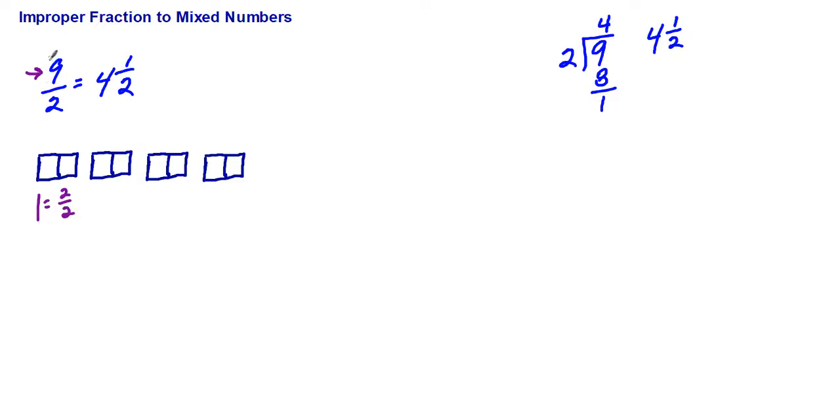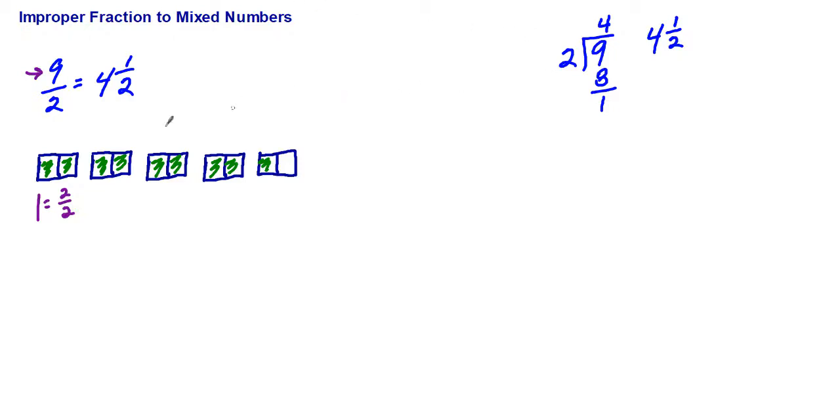All right, so now we're going to see if we have enough of these to do 9 halves. So 1, 2, 3, 4, 5, 6, 7, 8. We came up a half short, so we'll need another one of these rectangles. And if we shade that, now we have our 9 halves.